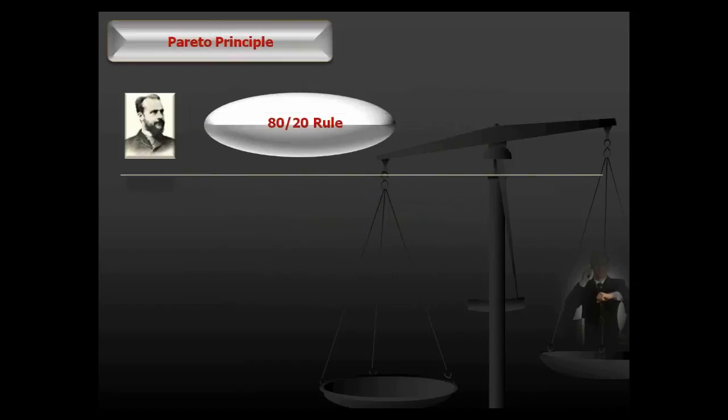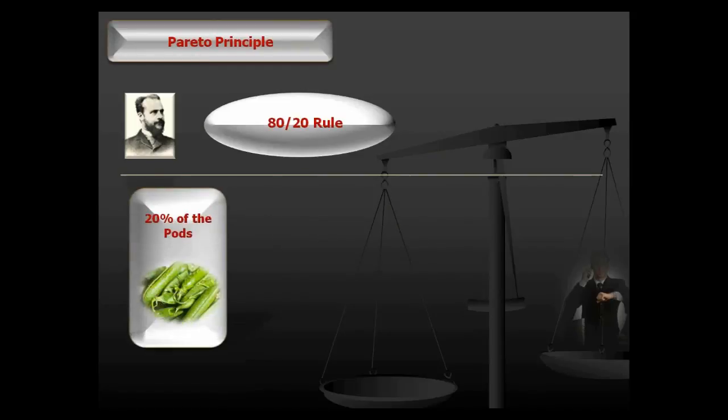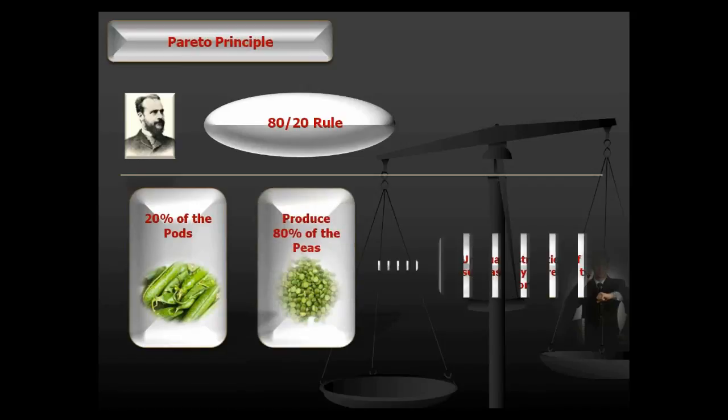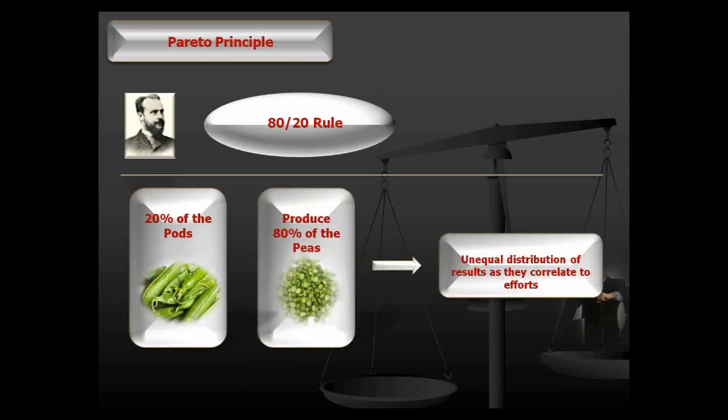Okay? Where 80% of the output is created by 20% of the input. For example, 20% of the pea pods produce 80% of the peas. Again, an unequal distribution of results as they correlate to efforts.